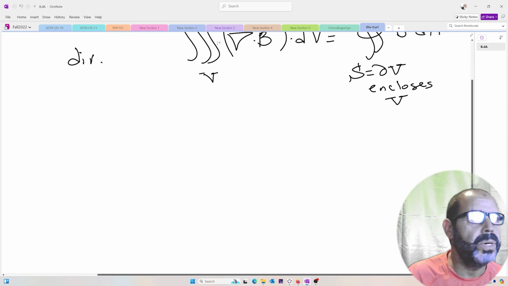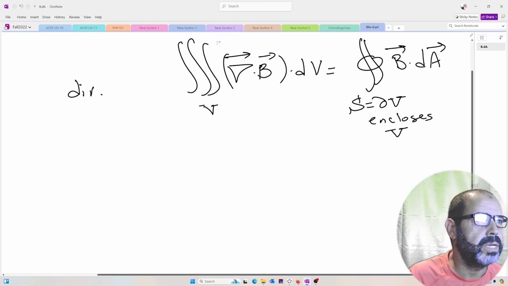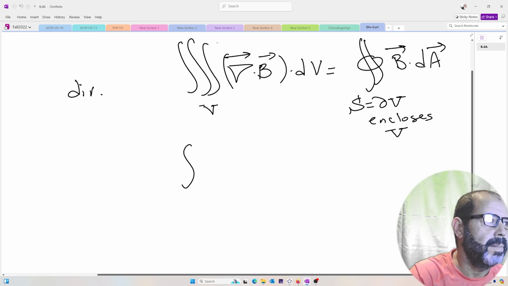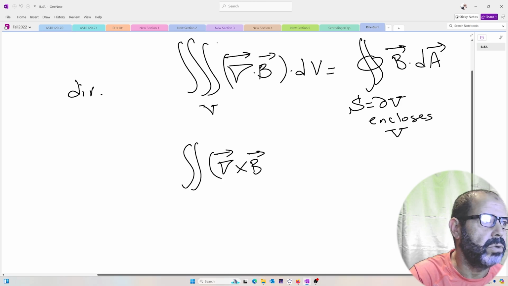And also another theorem that we're going to discuss today is the one that has to do with the curl. So imagine you're trying to find the value of the curl of a vector B. This is how we write the curl of a vector B on a surface.